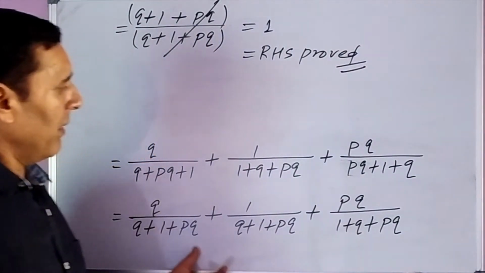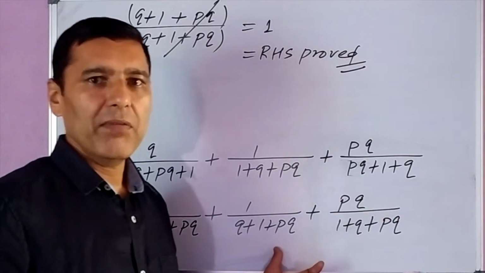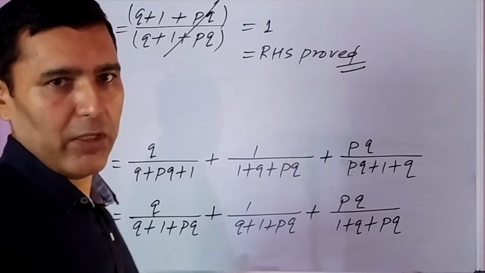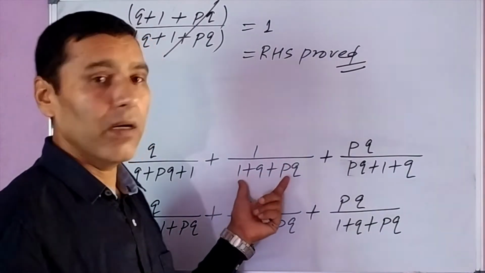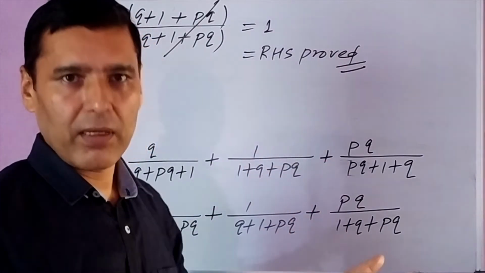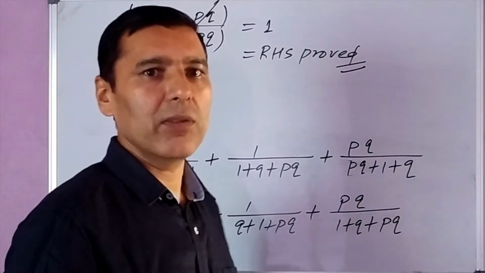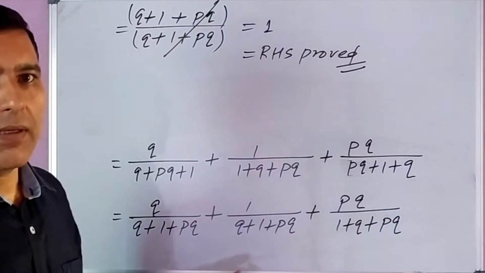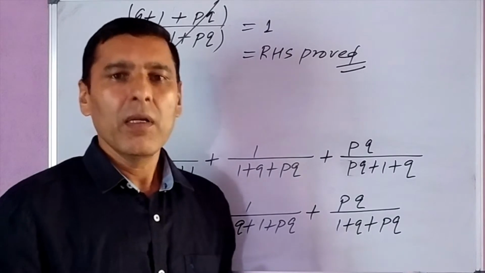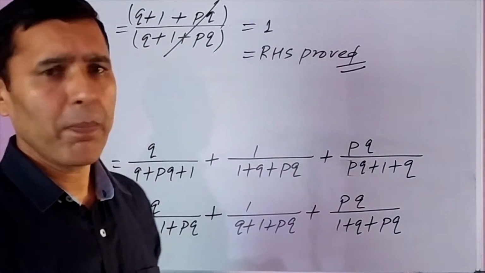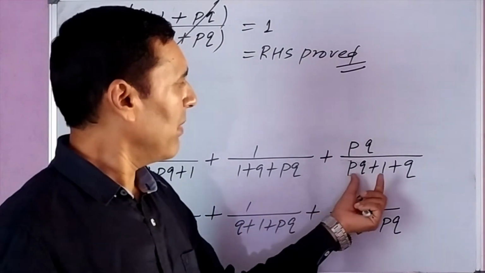Look here, guys, in this question, just like in the previous one, we did not multiply both numerator and denominator. In the previous question, when the condition is given as a plus b plus c equal to 0, the second and third terms are multiplied by suitable quantities to get the same denominator.